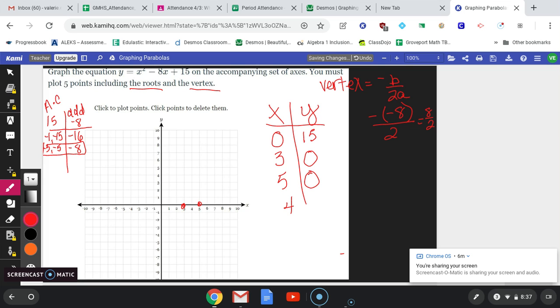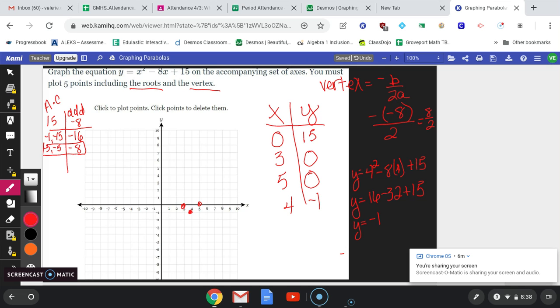So we're going to go y equals 4 squared minus 8 times 4 plus 15. So that's 16 minus 32 plus 15. So 16 minus 32 plus 15 is y equals negative 1. So that's a point.